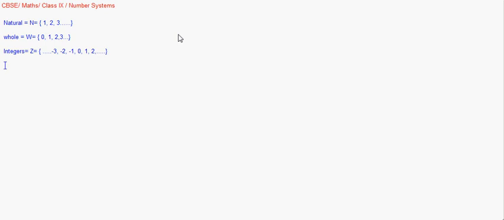And then come the rational numbers, which we will understand in a better way, and later on we'll also take up irrational numbers.